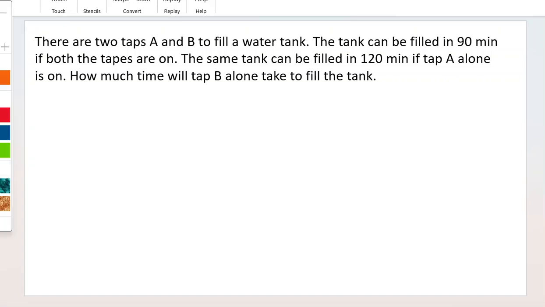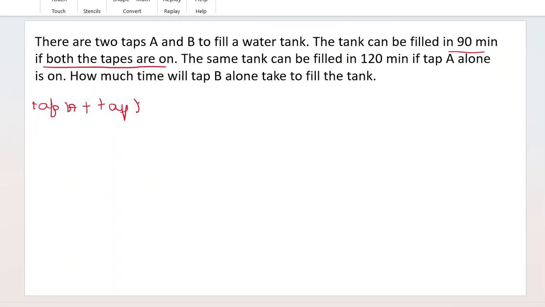To solve this, we use the following idea. The tank can be filled in 90 minutes if both taps are on. So we say tap A plus tap B's 1 minute work. Now over here we use the term 1 minute because all the units are in minutes.